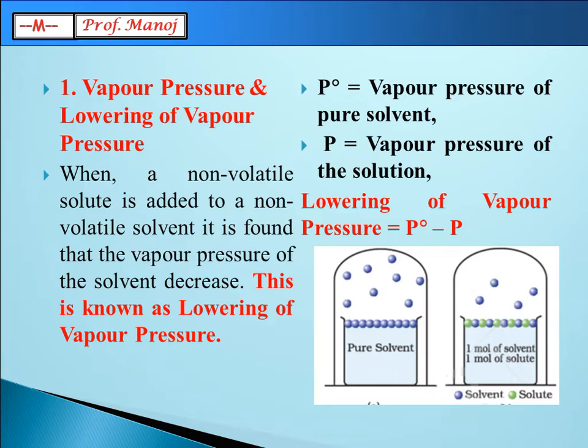Now suppose I add 1 mole of solute in it. We can see from the diagram the green colored circles are solute molecules and they have a force of attraction with the solvent. That is why now escaping has reduced. Vapor pressure has reduced. This is called lowering of vapor pressure.